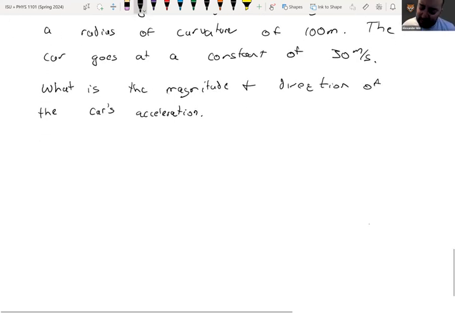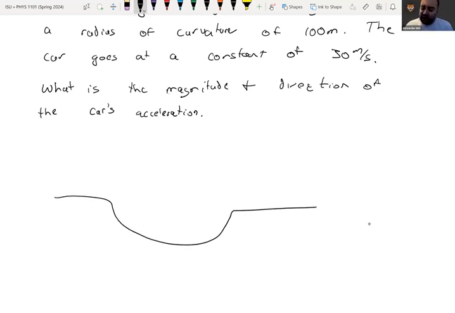So basically, what I mean by this is if you have a car, and I'll do it a little bit more exaggerated just so I don't have to draw, and I'll be clear about this, at the bottom of the valley. Basically, you have some situation like I've drawn down here, where you have your car like so, and the car is going at 30 meters per second.